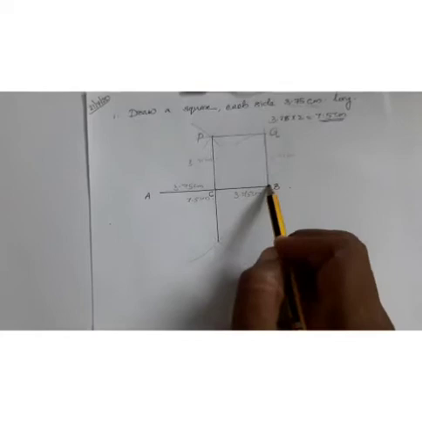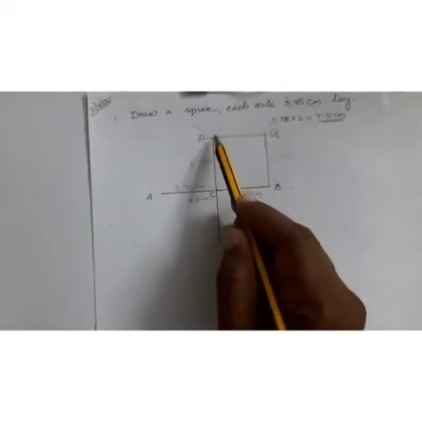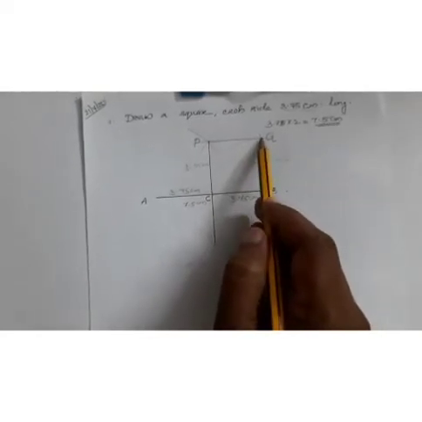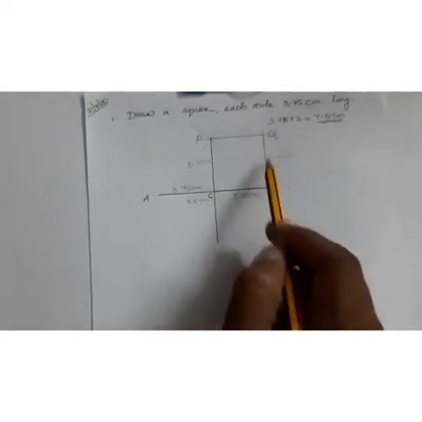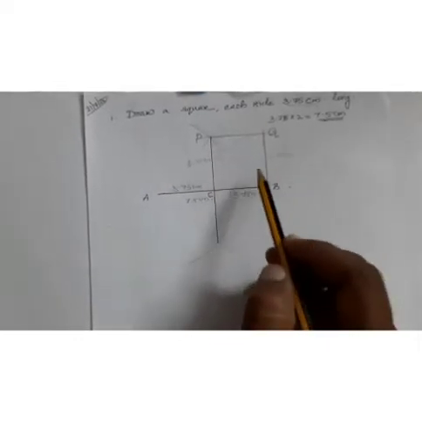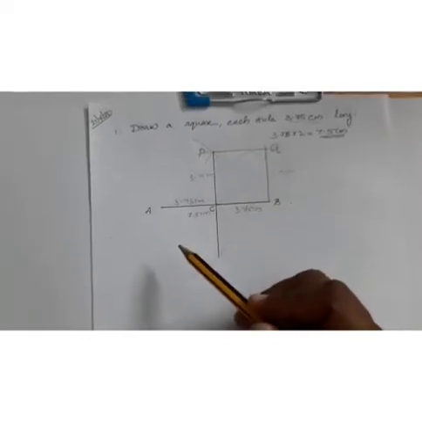Then from point B mark the line. From C mark the line here. From P mark, complete this arc and join this. You will get a square here. You can draw anywhere, either here or this side.